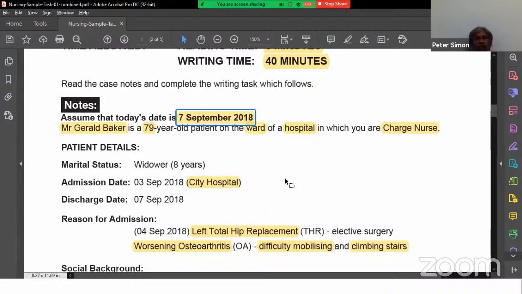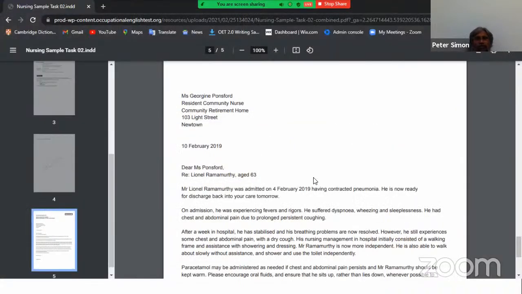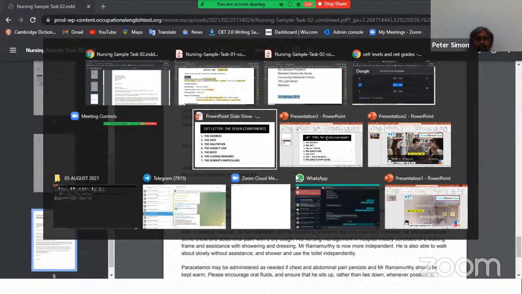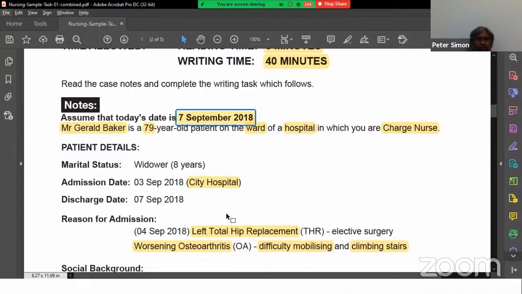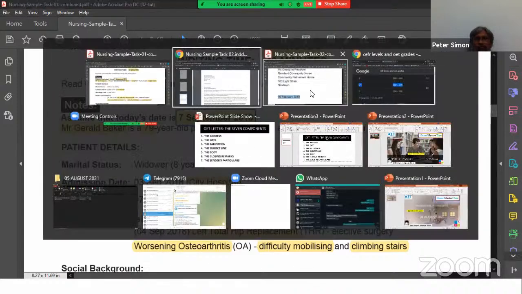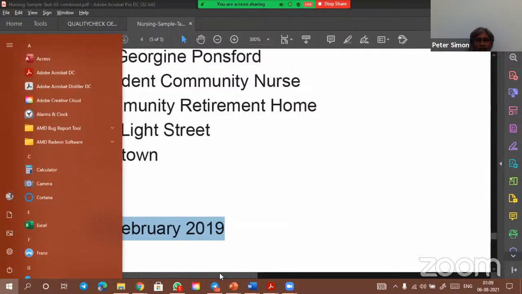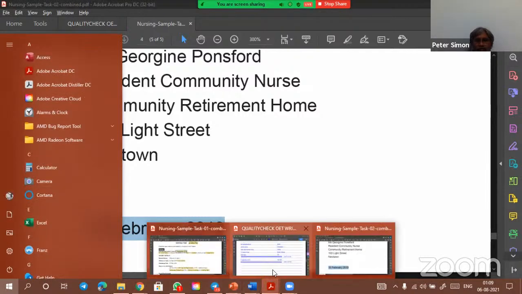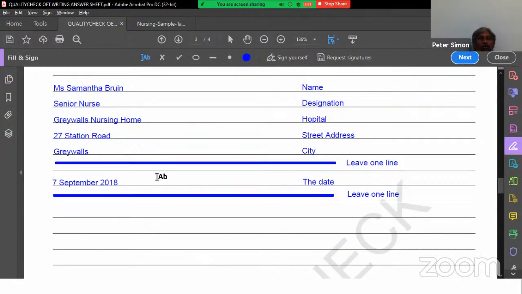So copy it and take it into the letter. 7th September 2018. See the left margin, how it is maintained, top to bottom straight.